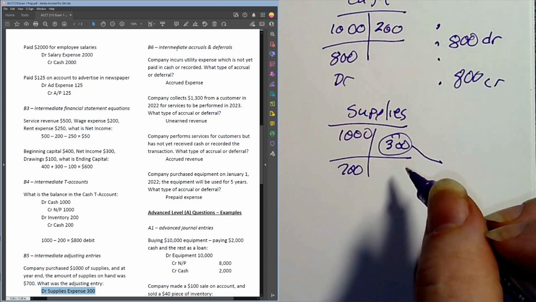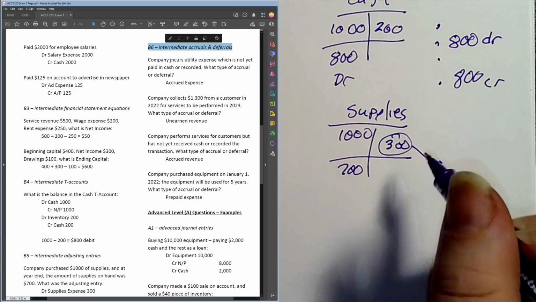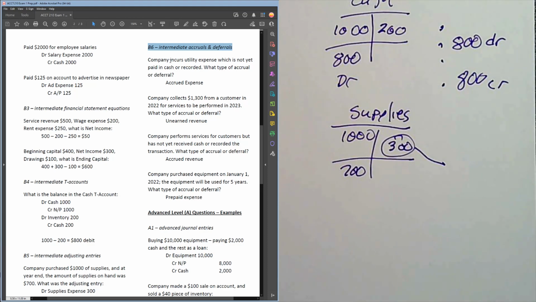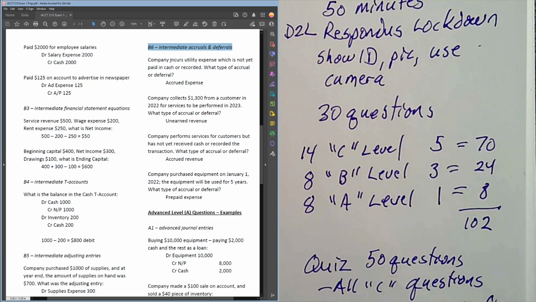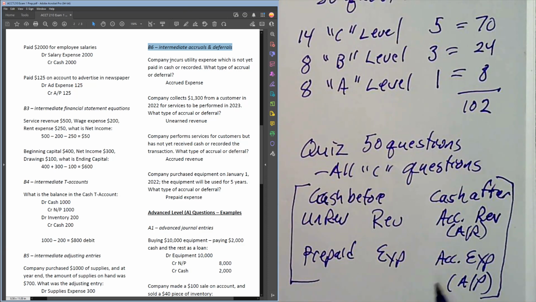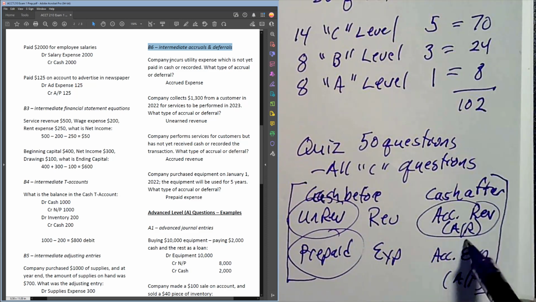Here we have some intermediate accruals and deferrals. Now, this goes back to this chart here. This chart here that you should have in your mind, in that there's only 4 possibilities, right? There's only 4 accounts.